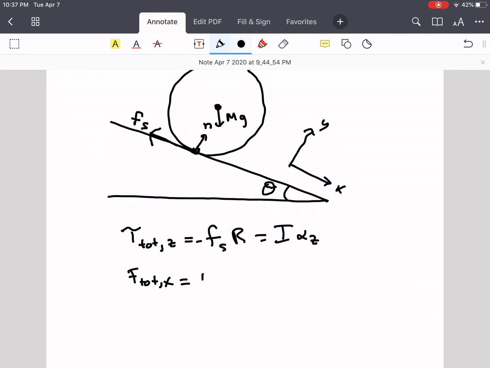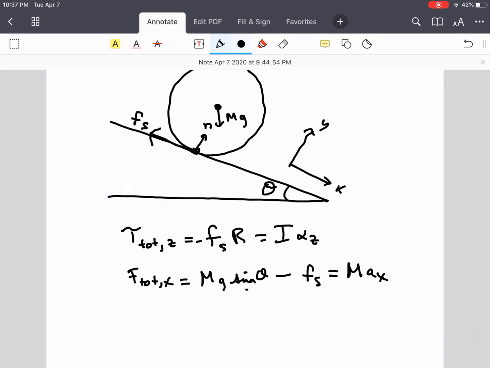And we saw that that was mg sine theta. You can quickly sanity check this because if theta goes to 0, so if it goes flat, then there is no force in the plus x direction. So that makes sense. Minus the force of static friction is equal to the mass of the object times its acceleration in the x direction.